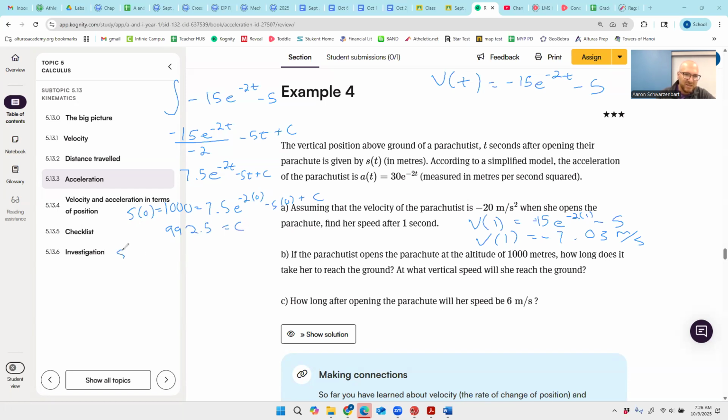So my s of t equation equals 7.5 e to the negative 2t minus 5t plus 992.5. If I want to know when it hits the ground, I'm going to set it equal to 0, because ground level is 0.